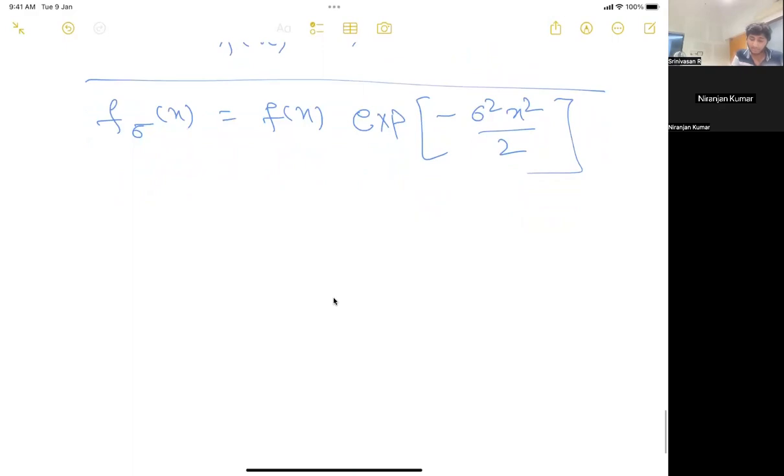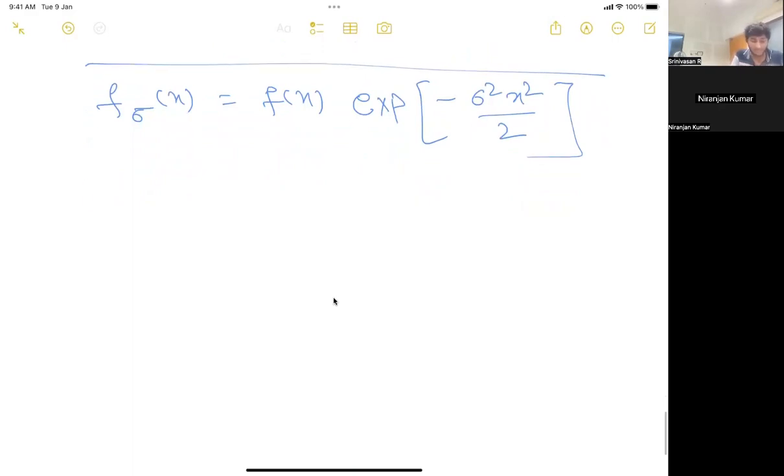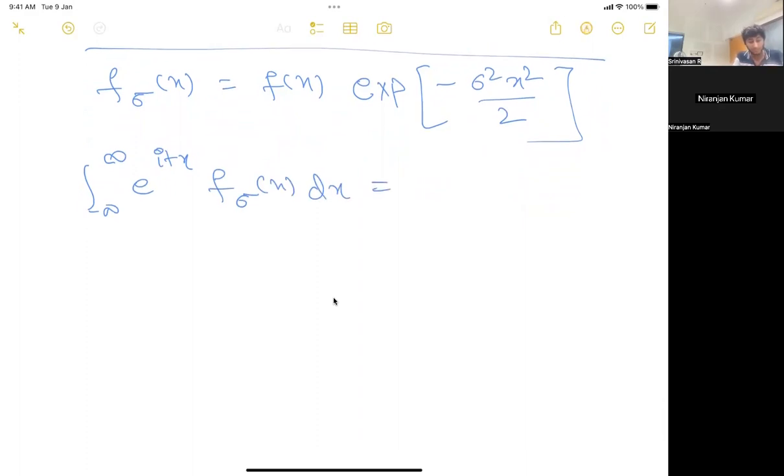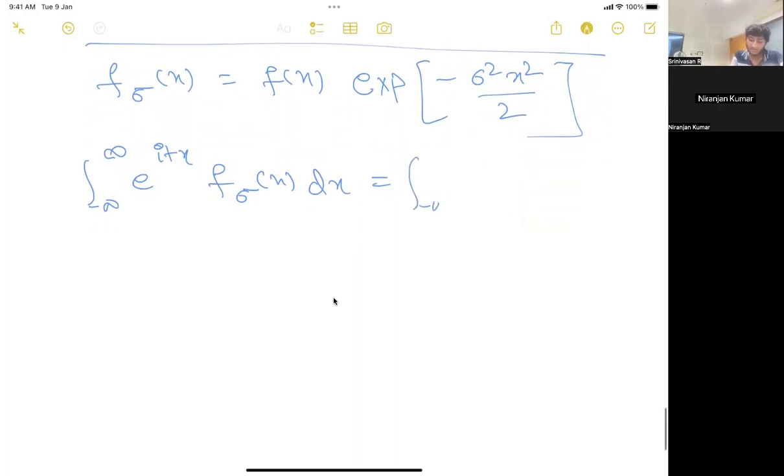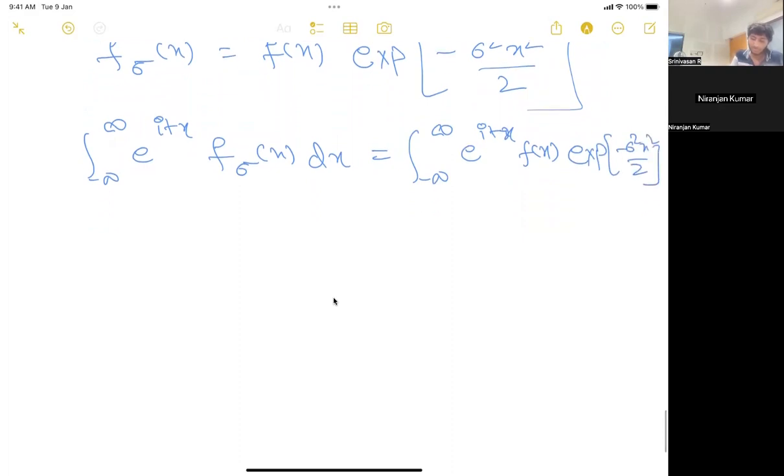First of all, we have seen the definition of f sigma of x. So we calculate the quantity, the Fourier transform of f sigma of x. Now expanding f sigma, we expand f of x, and we get a factor of 1 by 2 pi from the definition of f of x.